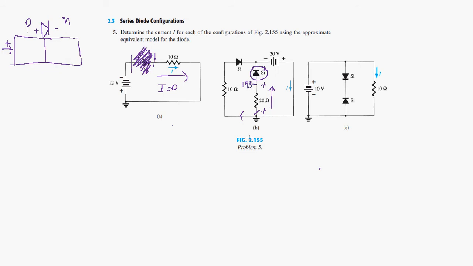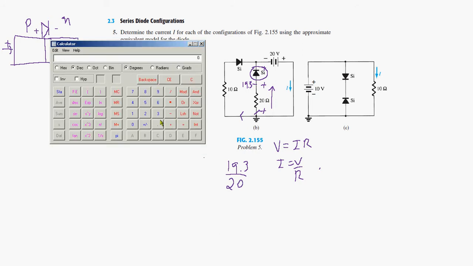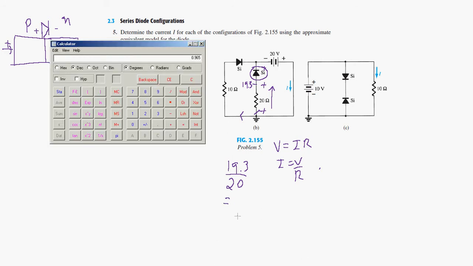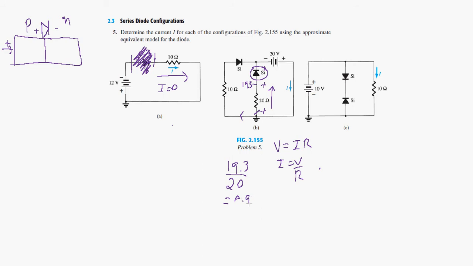The current, remember Ohm's law, V is equal to IR, so I is equal to V over R. In this case we have 19.3 divided by 20 ohms, and if we open the calculator, 19.3 divided by 20 is equal to 0.965, so 0.965 amps. This is the first component in this direction.